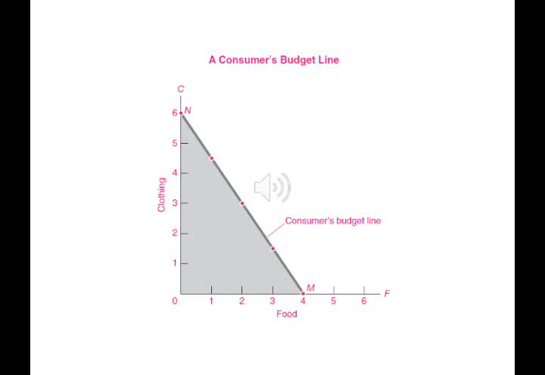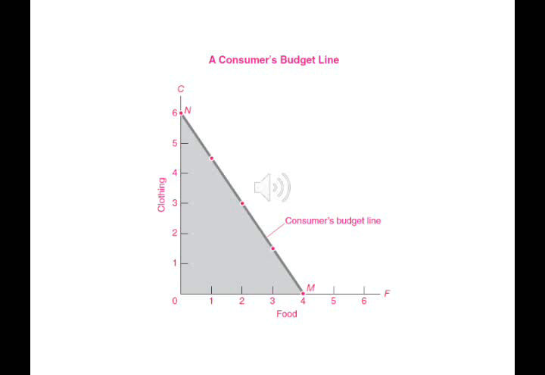So now we need an expression like we did with the indifference curve. We need an expression for our budget line. In order to get the slope of the budget line, it will be equal to the change in the vertical intercept from the origin, divided by the change in the horizontal intercept, again from the origin.